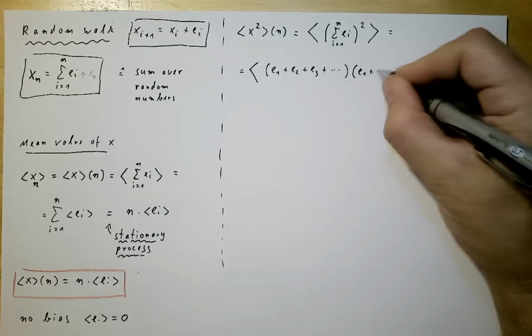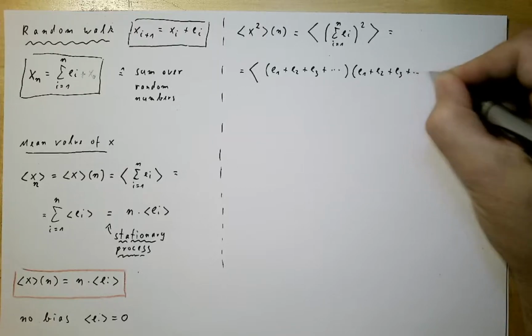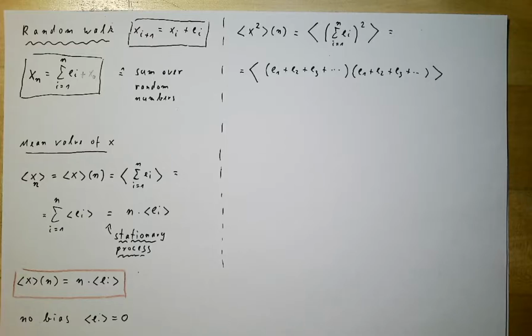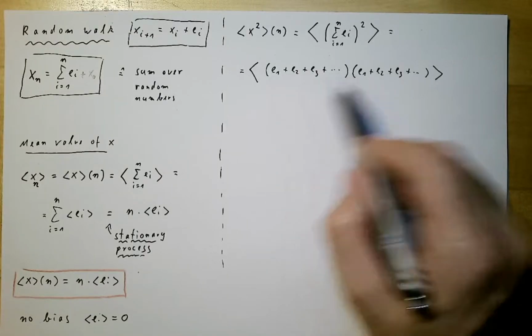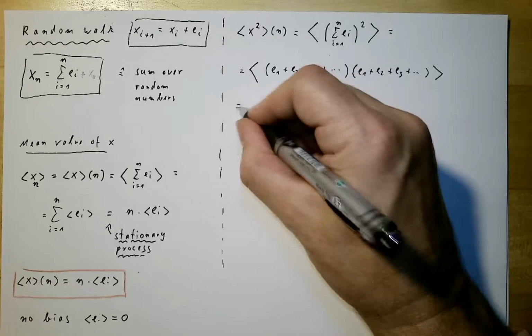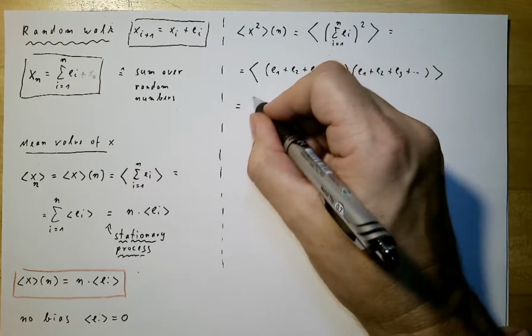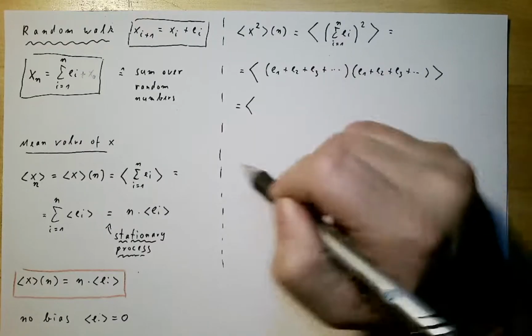First increment plus the second increment plus the third increment and so on. And from all this we take the expectation value. Now we can multiply this out so that we remove the parentheses. And so what do we get? We get an expectation of a lot of sums. And let's order this directly.